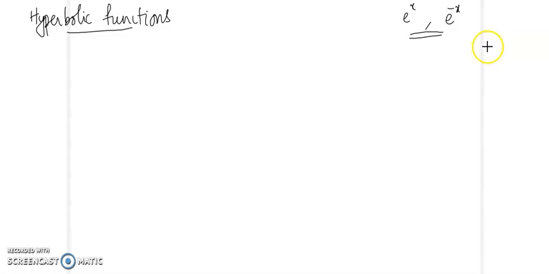So you have studied different trigonometric functions, sin x, cos x, tan x, sec x, and all. You have seen different identities which connect these trigonometric functions. So similar identities you have also for the hyperbolic functions.